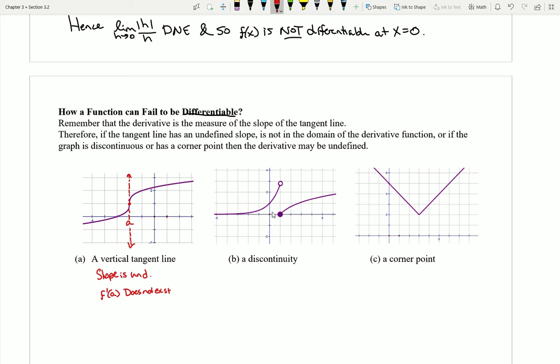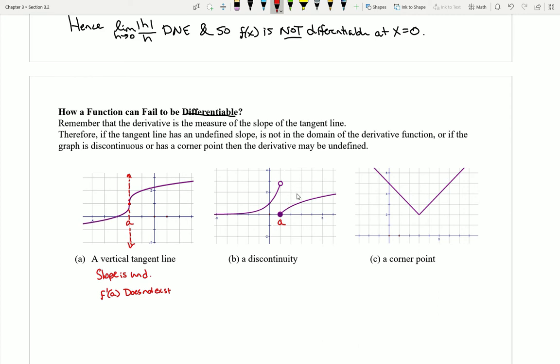If I take a look next at part B, if I have a discontinuity in my graph, that's going to cause a problem. Remember, I can't be differentiable at this point A, because if I was differentiable there, the above theorem would have told me that the graph was connected.